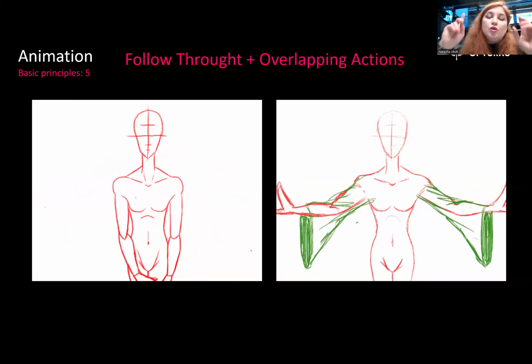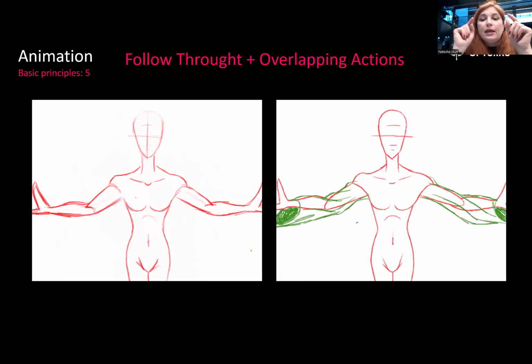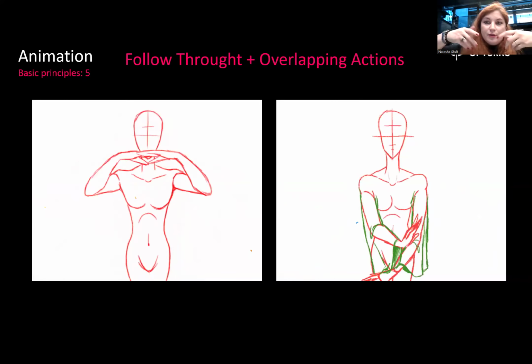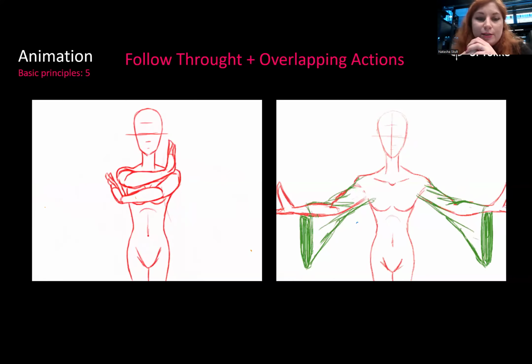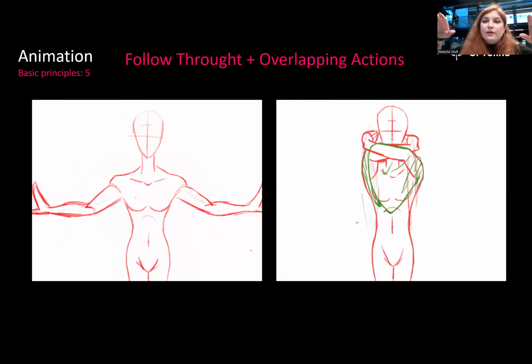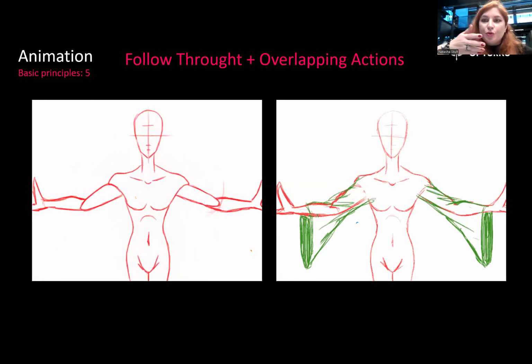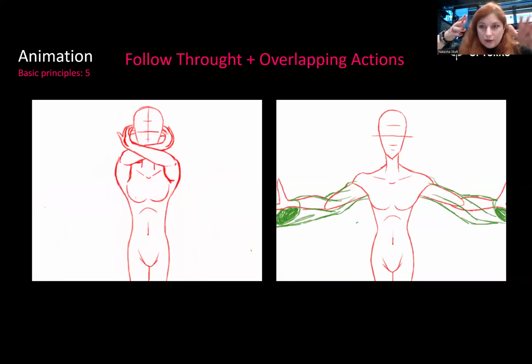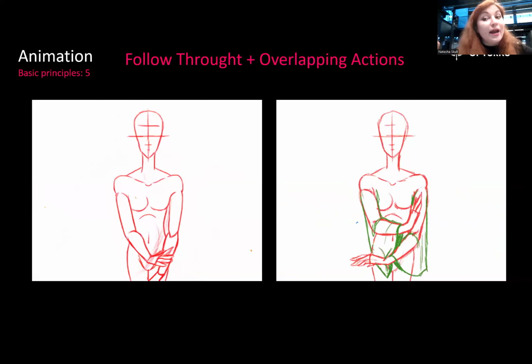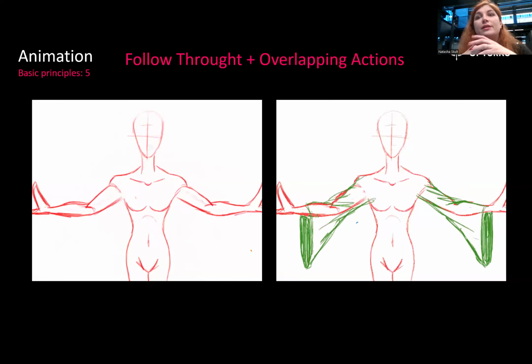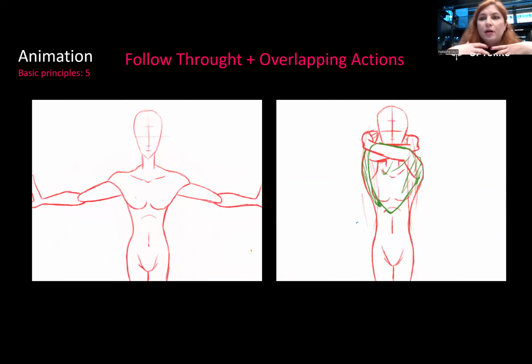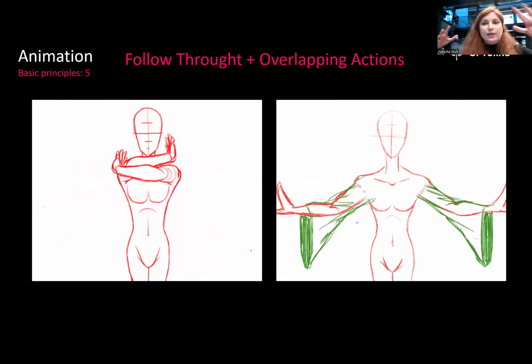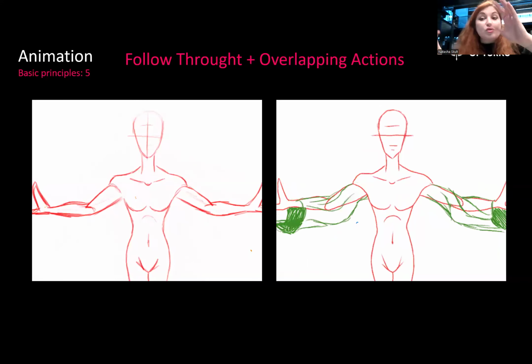Now, you will notice that the lower parts of these flimsy parts of the sleeves have this follow through. It follows through and even drags. This could be done with, for example, capes, also hair, whatever else extra there would be that follows through, but also drags.